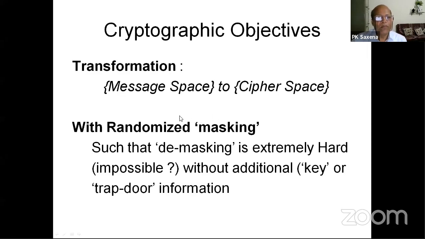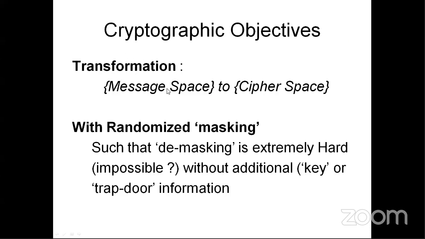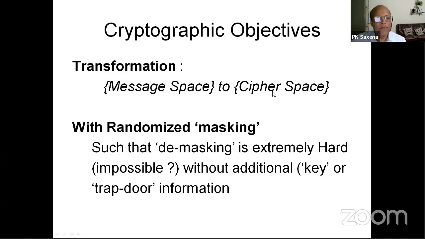So depending upon the set of alphabets which we use, we have a message space, and when we convert, we have a cipher space. This encryption is actually a transformation from this space to this space.